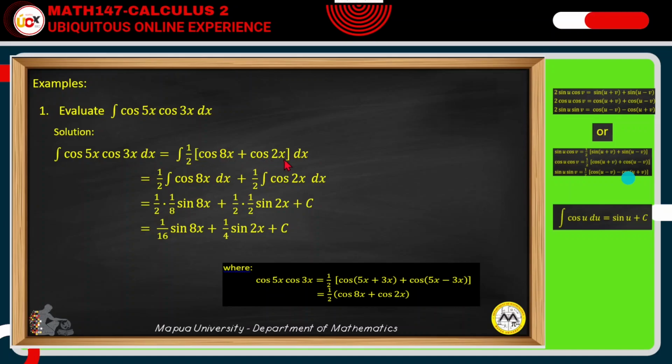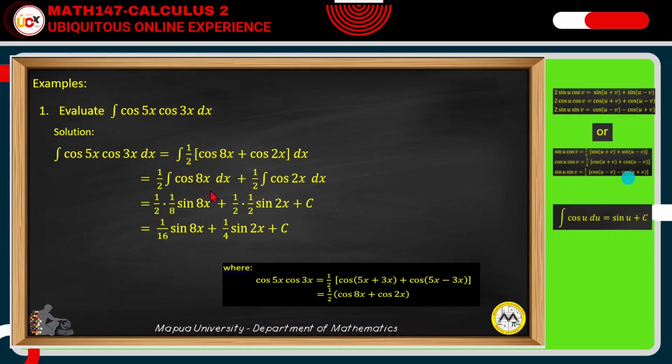Then to integrate this, we separate this into two integrals. We apply distributive property. So we get 1/2 times the integral of cosine 8x dx, plus, for the second integral, 1/2 times the integral of cosine 2x dx.